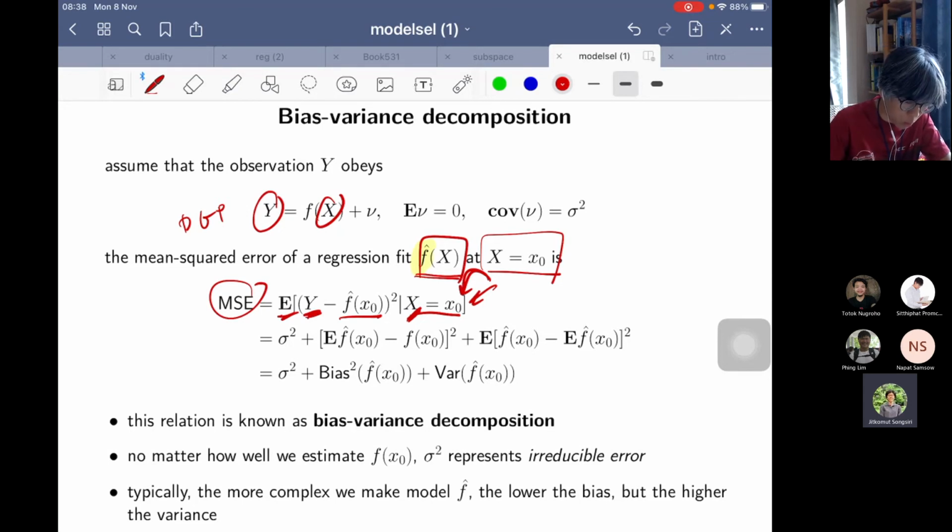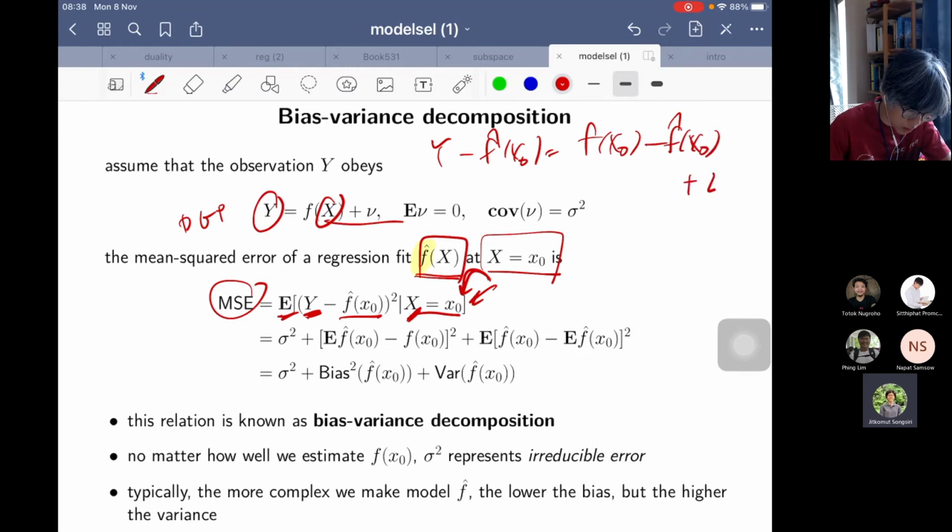So y minus f hat of x0, where y is given by this equation, plus noise. When you make the square and then take the expectation, what do you get? It can be decomposed into three parts. We will show it soon, but let's take a look first.